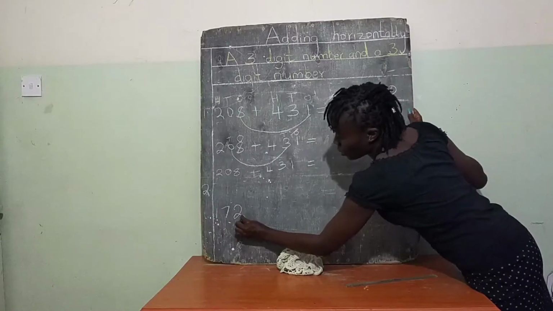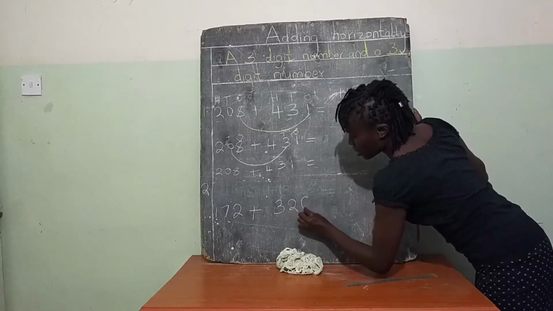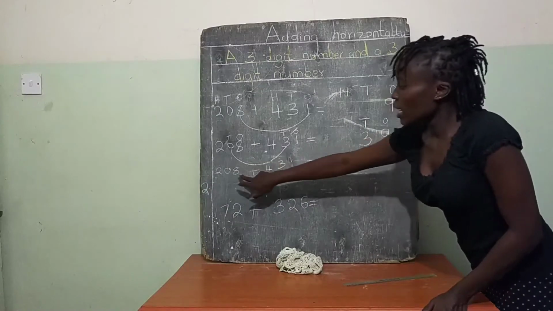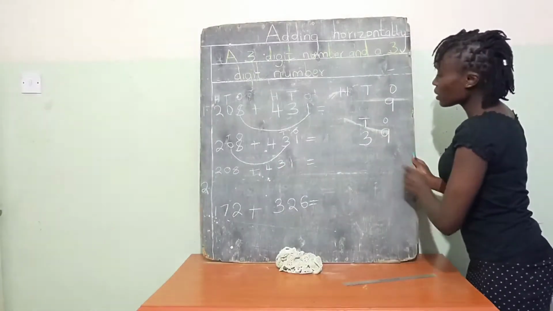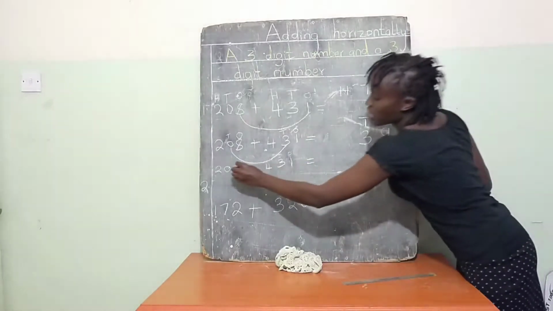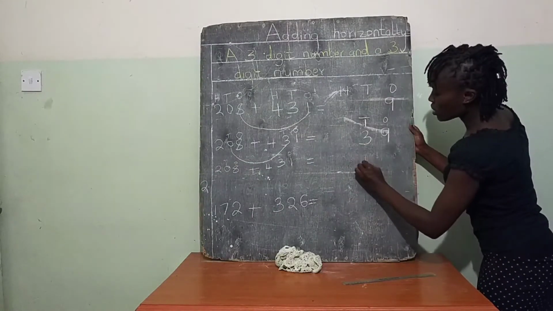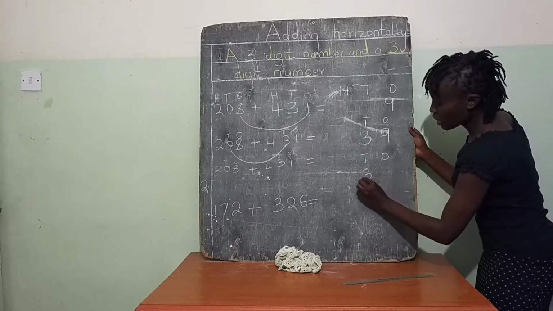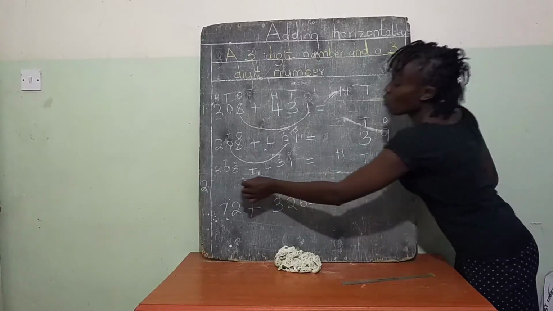We've known that this is the ones and this is the tens. We've gotten our tens and our ones. Our tens is 3 and our ones is 9. So we're looking for the hundreds.